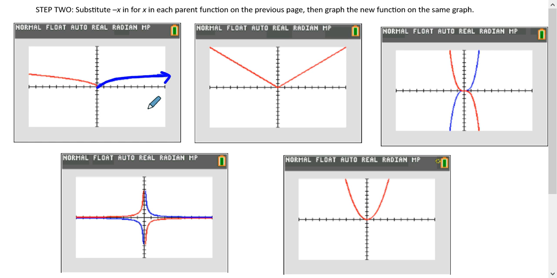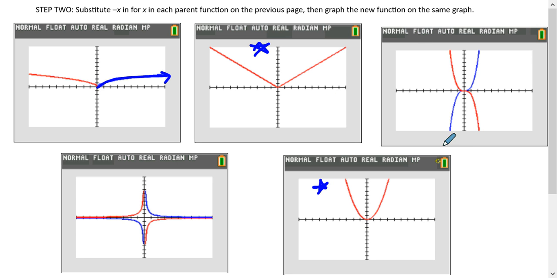If I typed in my calculator y equals square root of opposite x or negative x, it gives me the red. So remember what we talked about earlier on the very first page of our notes. If I change the negativity of my input, it reflects over the y-axis. So that's what we have here. The blue is the original graph, and the red is the opposite of x. So what do you notice happens with this one here and this one here?